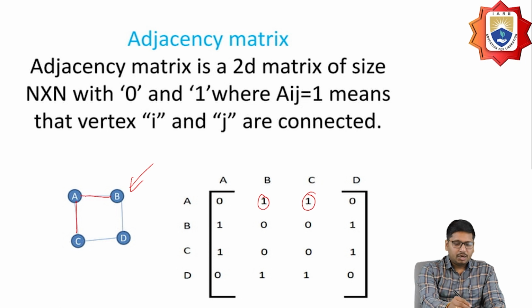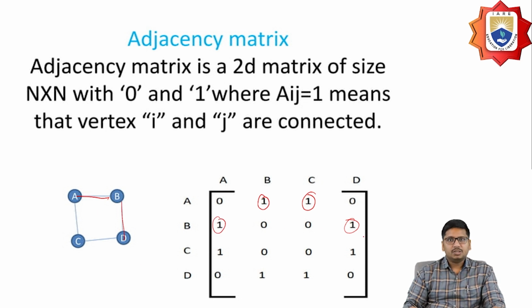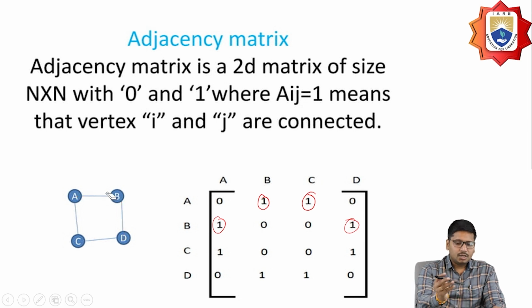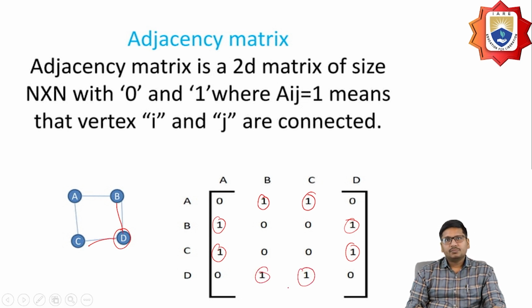Since there is no edge from A to A and from A to D, those are 0. Similarly for vertex B, I have an edge from B to A and B to D, so those are 1, and there is no edge from B to B or B to C, so those are 0. For C, I have an edge from C to A and C to D, so those are 1 and the remaining are 0. For D, I have an edge from D to C and D to B, so those are 1.